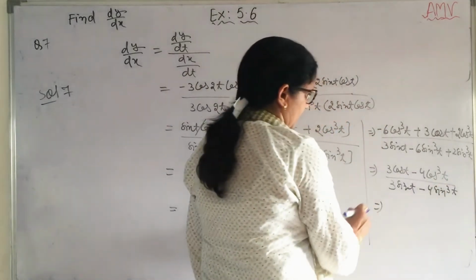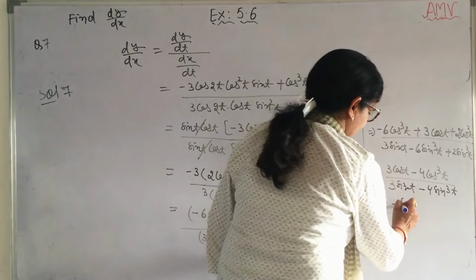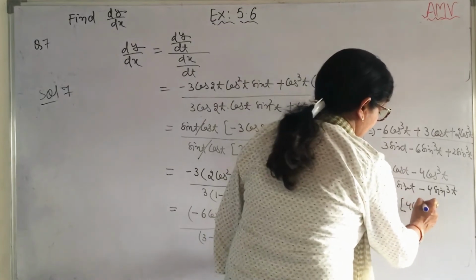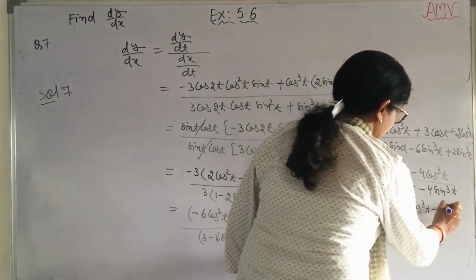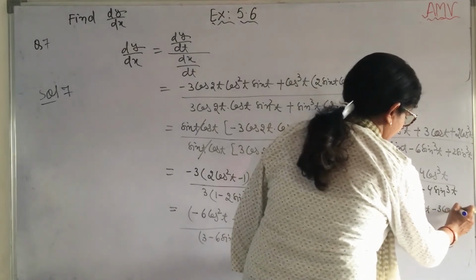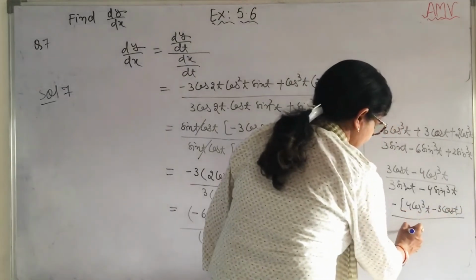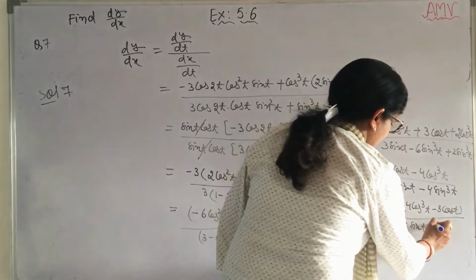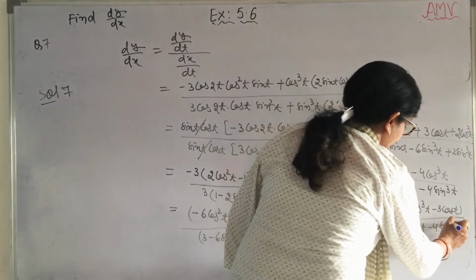Okay, and now take minus common here. You will get 4 cos cube t minus 3 cos t, and here it is 3 sin t minus 4 sin cube t.